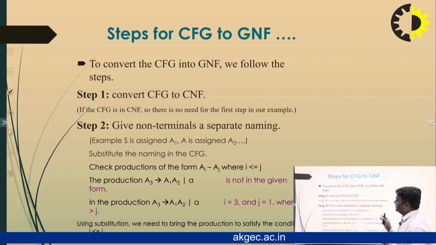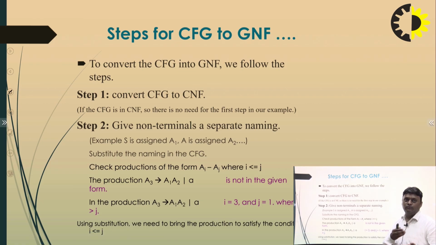Here we consider the grammar already in CNF. If the grammar is already in CNF, then there is no need to convert it. If it is not in CNF, then we have to remove unit productions, null productions and useless symbols, then convert it into Chomsky normal form.